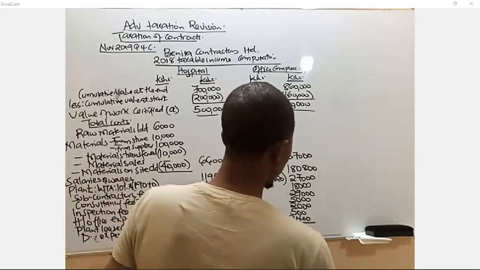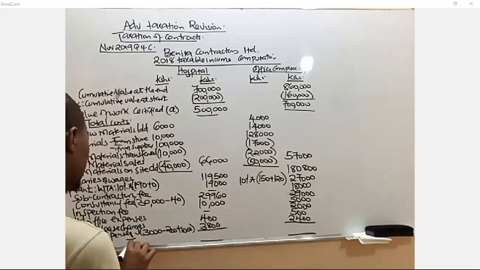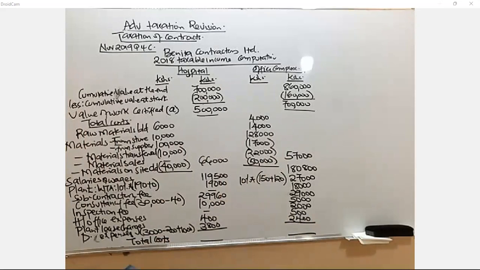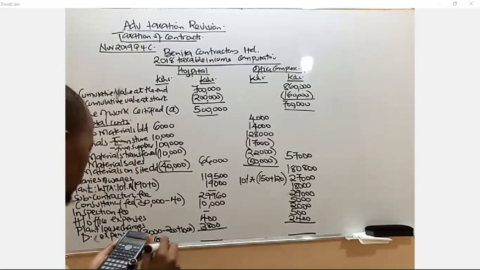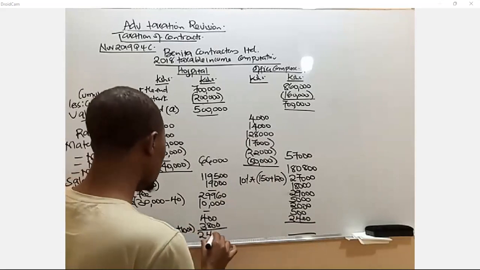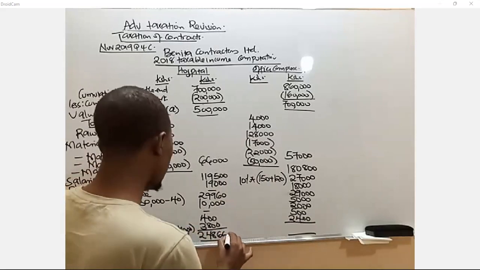So how much is my total cost? We have 66,000 plus 119,500 plus 19,000 plus 29,960 plus 10,000 plus 4,200. Here we are getting 248,660.